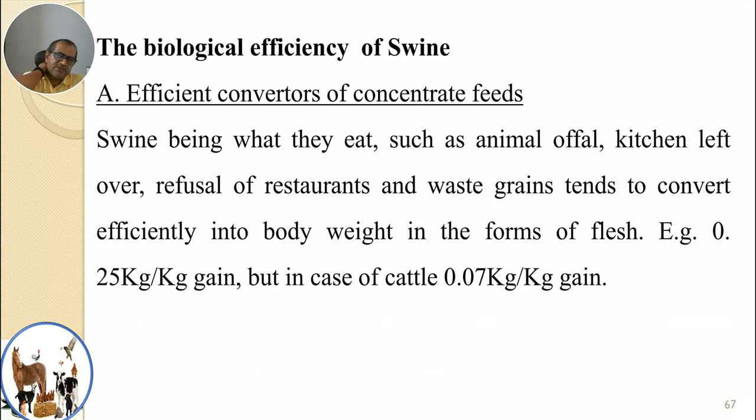So, regarding the biological efficacy, swine are efficient converters of concentrate feeds, especially the wastes of hotels and also hostels, schools, and also garbage produced by the municipality, etc., which can be fed to animals, especially swine. They use animal offal, meaning the by-products of animals, and kitchen leftovers, which we throw out, but these can be used very efficaciously for piggery feed.